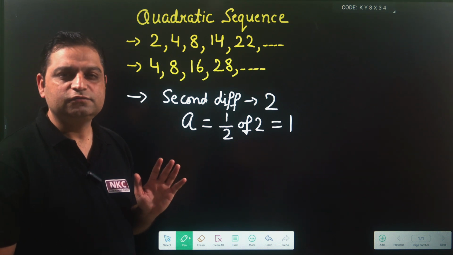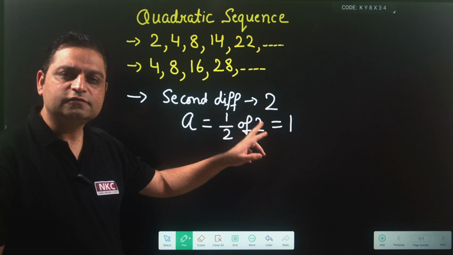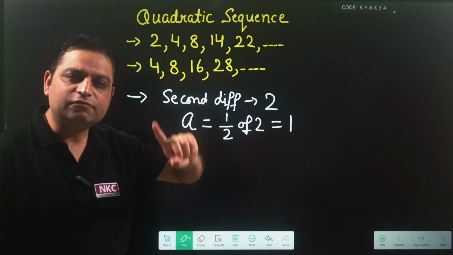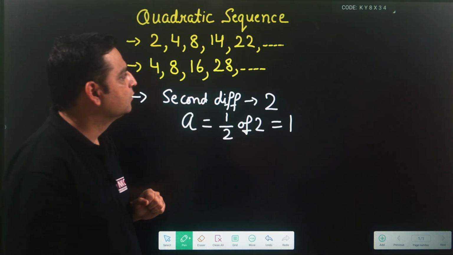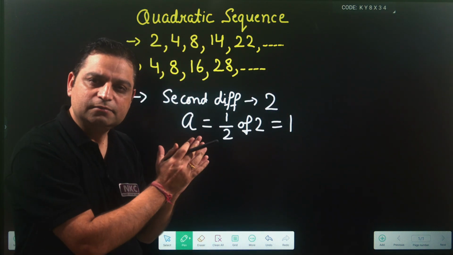Do remember the rules very carefully. First, the value a is coming as 1 because it is half of the second difference. So an square, I told you, will be my first term.